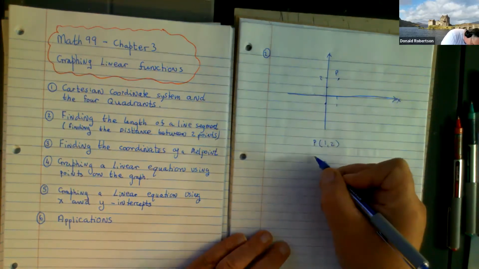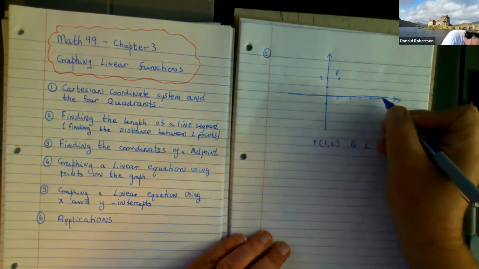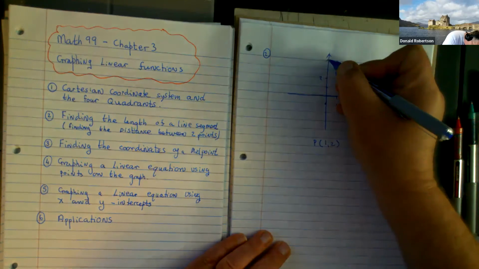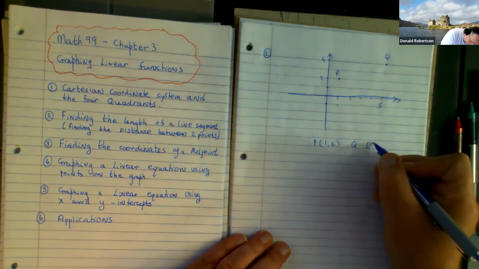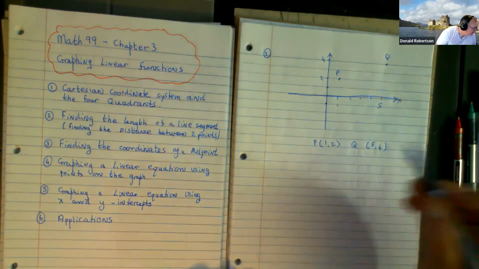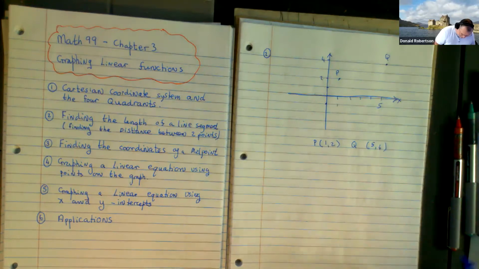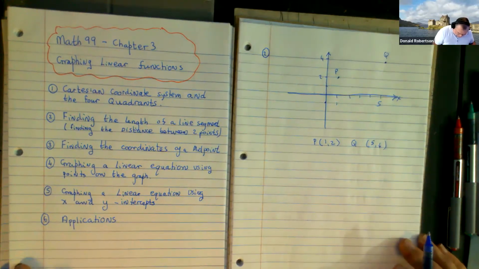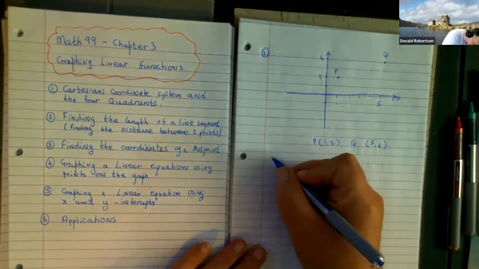And I have a second point Q, and its coordinates are 5, 4. That would put it way up here, right? Then I would like to know the distance between P and Q. I would like to know the length of that, another way of saying it. And we can do that by using a formula. It's called the distance formula.